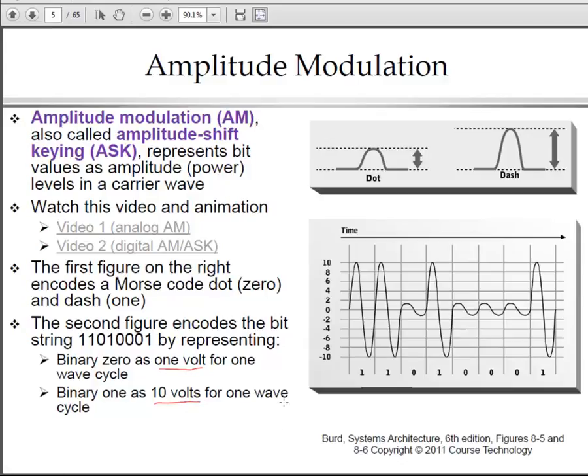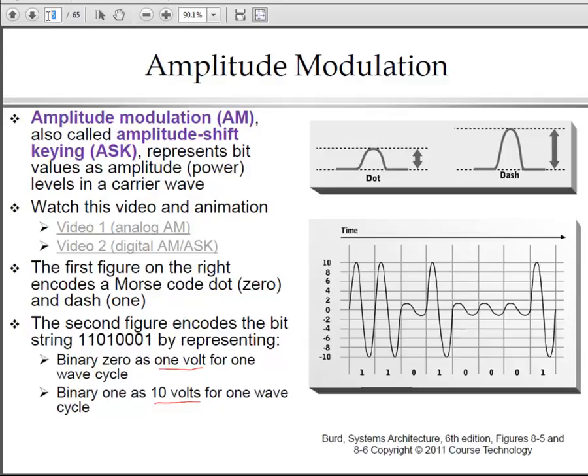That gave us a relatively large distance between the two, a 9-volt difference, and as we discussed on the previous slide, it's relatively easy for your ear or for an electrical device or for an optical device to detect that large a difference and therefore to accurately decode, on the receiving end, the bit values embedded in these variations in amplitude.